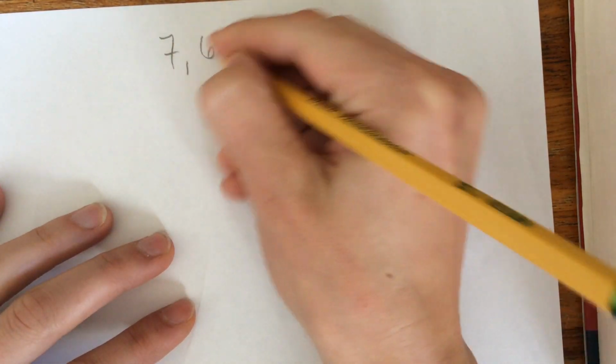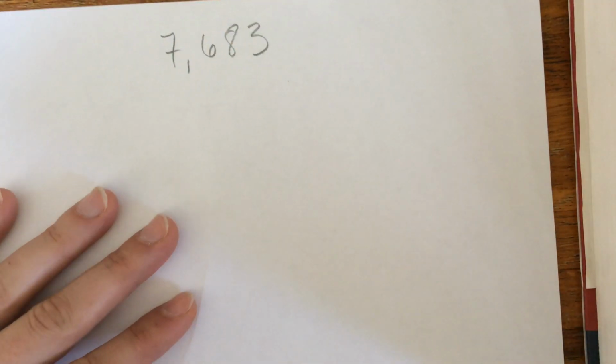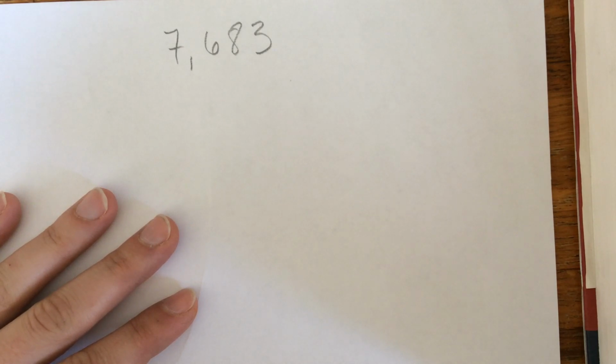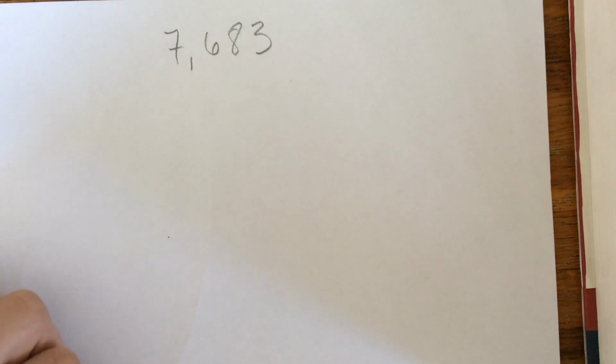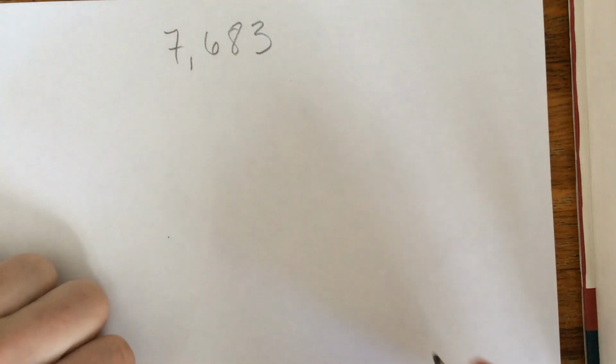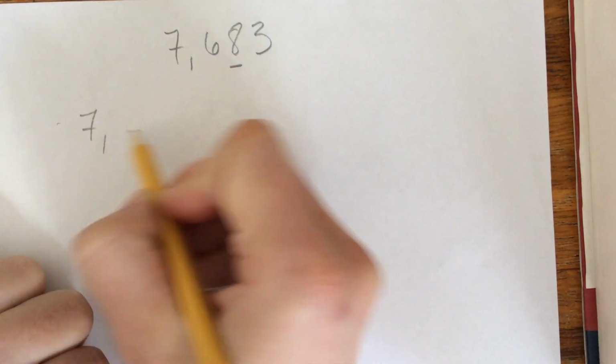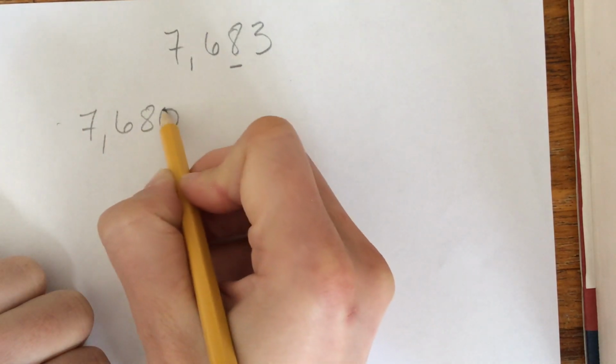All right, let's try another one. Let's try a bigger number, like 7,683. Could you round this number to the nearest 10, please? Pause the video, come back. So yes, the 10 is here. So I have my students write over here 7,680.